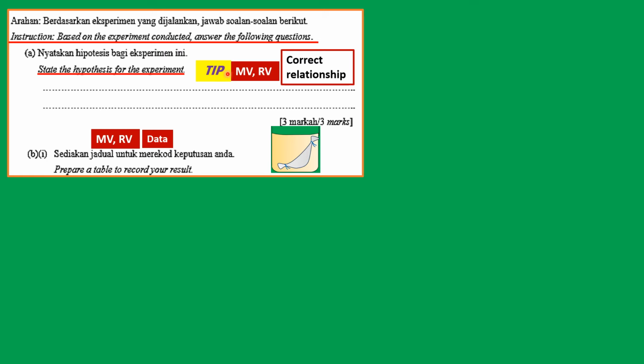But basically, it's preferable to give the main MV and RV, if it is possible. And also, we must have the correct relationship. So 3 components. For the table, we must have the sub MV and sub RV from the experiment that is used in the experiment, and then the results or the data. So try and write your answers first, and then we'll look at the answers given here.